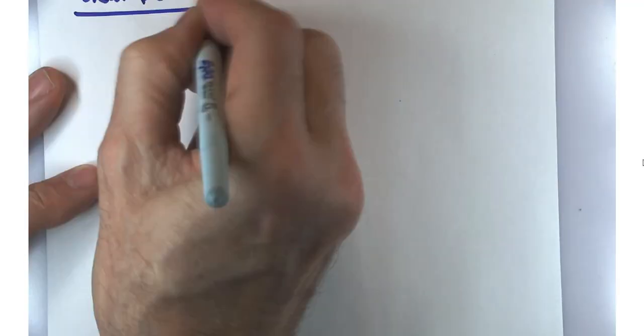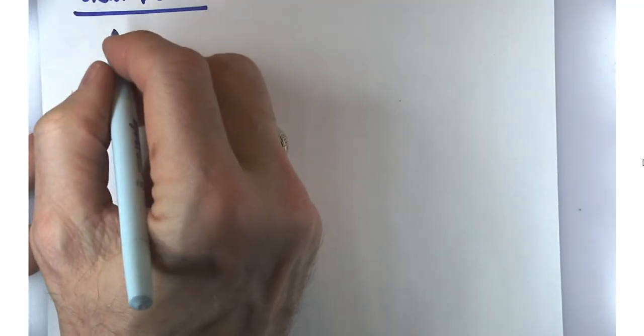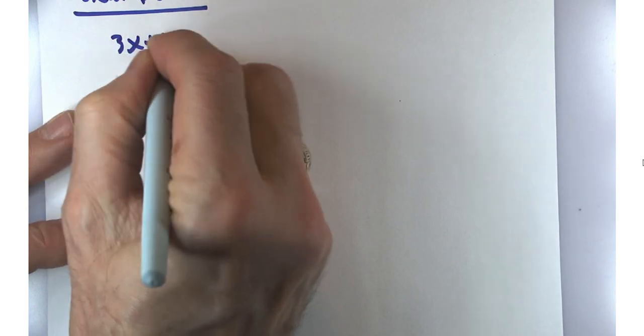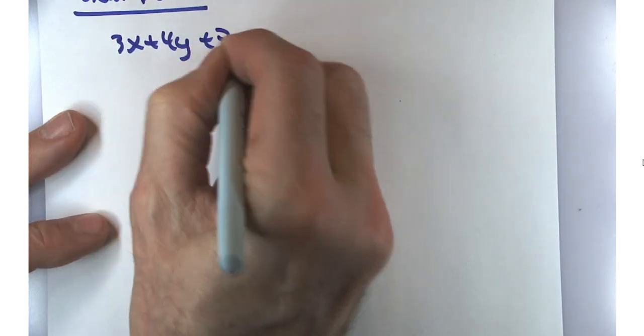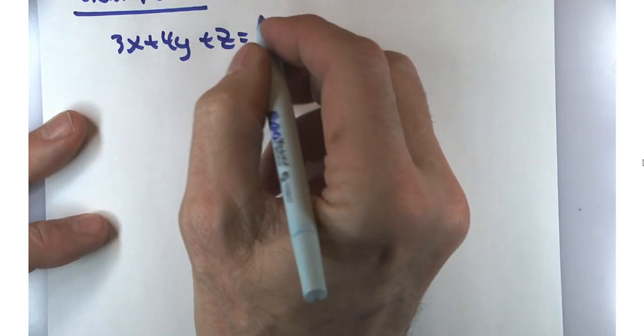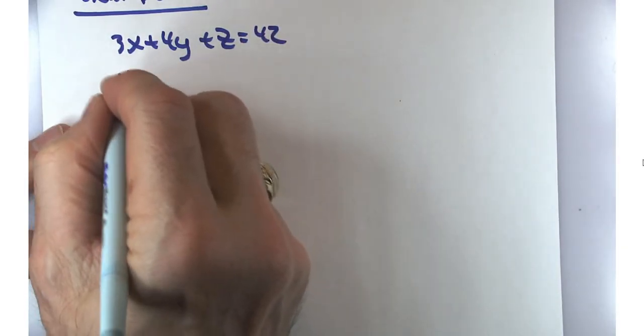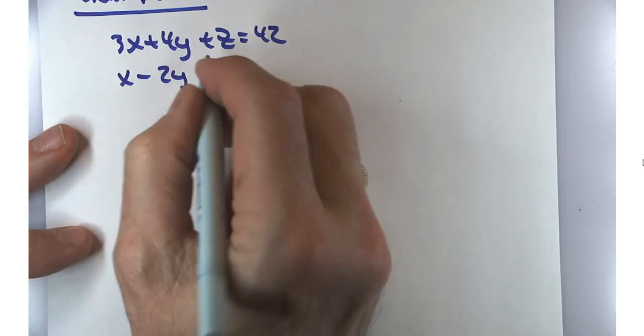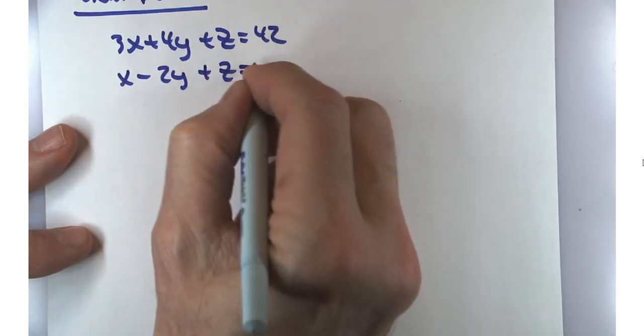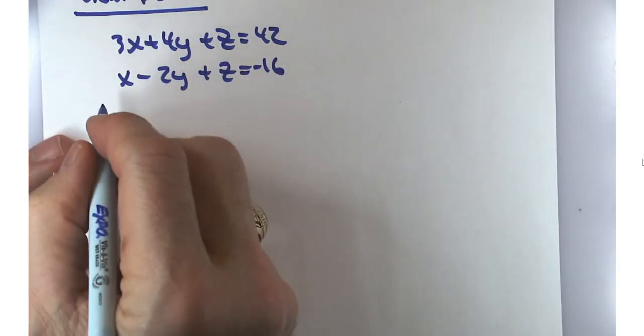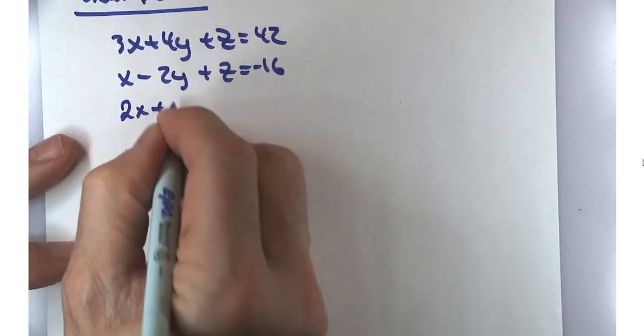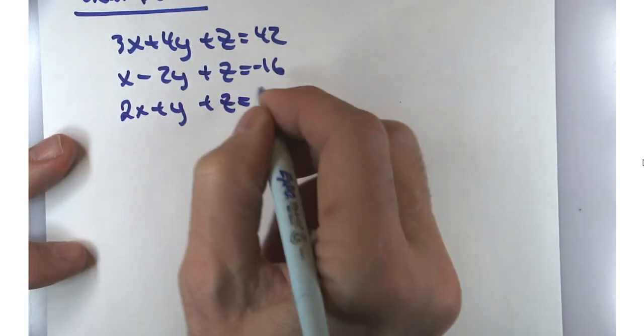So, example G. 3x plus 4y plus z equals 42, and x minus 2y plus z equals negative 16. And finally, 2x plus y plus z equals 21.